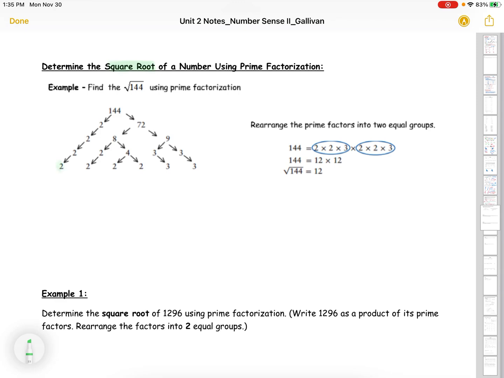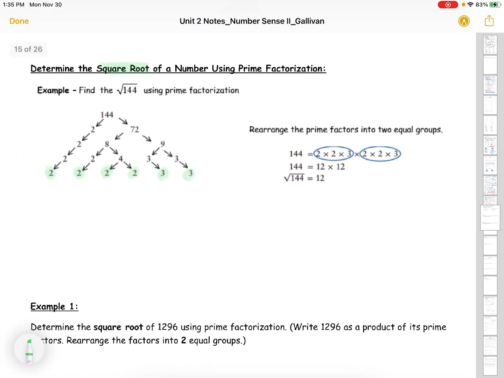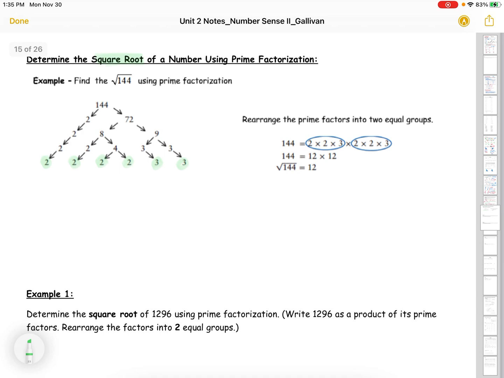I use my factor tree until I'm down to all my prime numbers, right? Then I'm going to rearrange my prime numbers into 2 equal groups. I have 2 times 2 times 3 and 2 times 2 times 3. Well, 2 times 2 times 3 is 12. So that tells me that the square root of 144 is equal to 12.